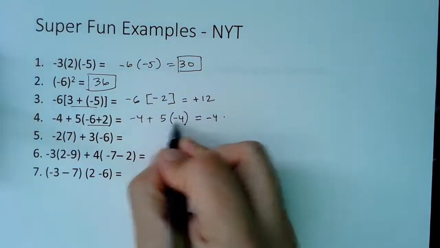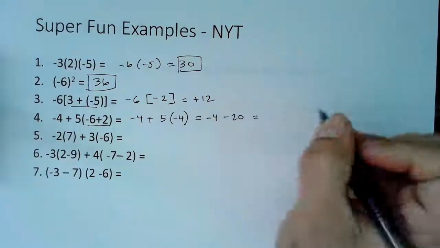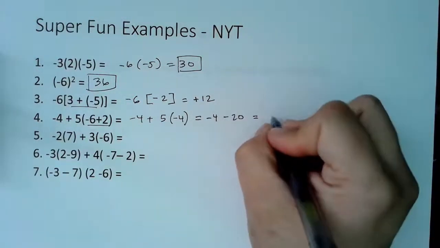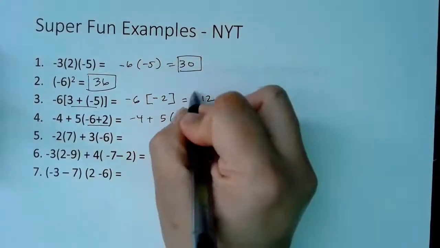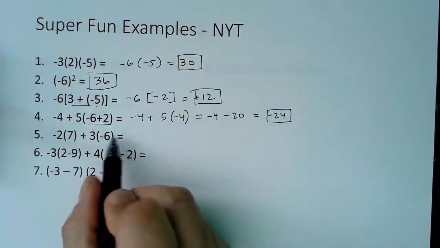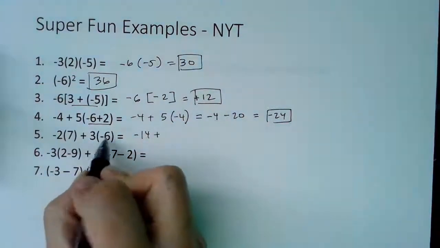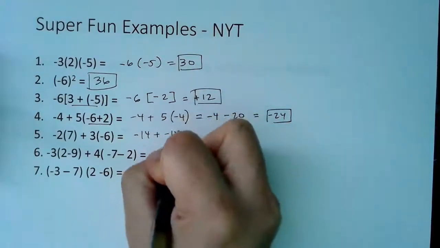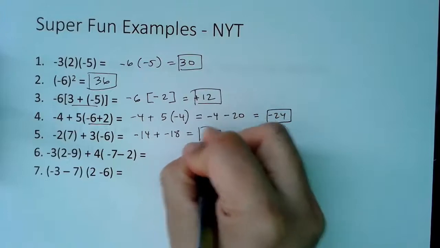This becomes negative 20, so minus 20. With same signs, when you're adding, you keep the sign and you add, right? So that's negative 24. And then this one here, 2 times negative 7 is negative 14, plus 3 times negative 6 is negative 18, so you combine these and that would be negative 32.